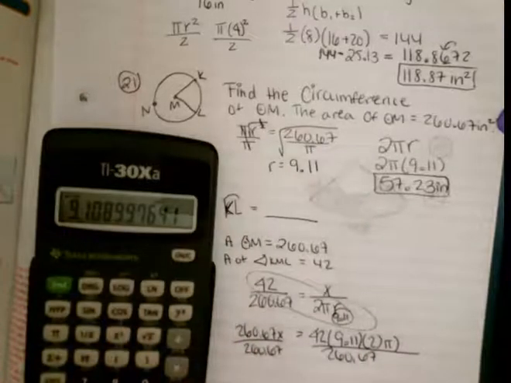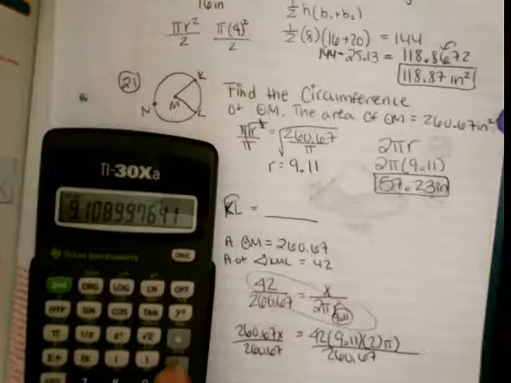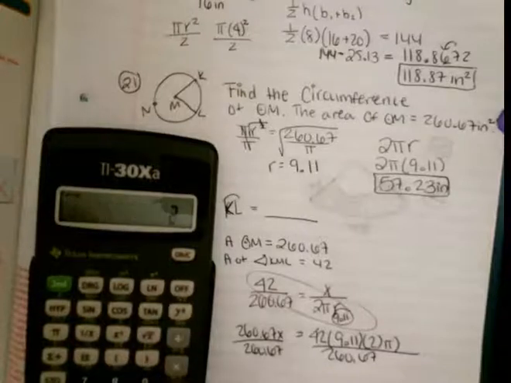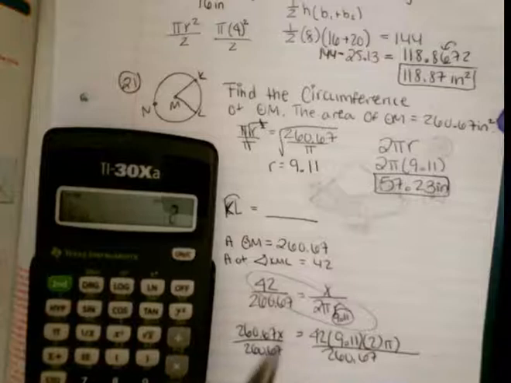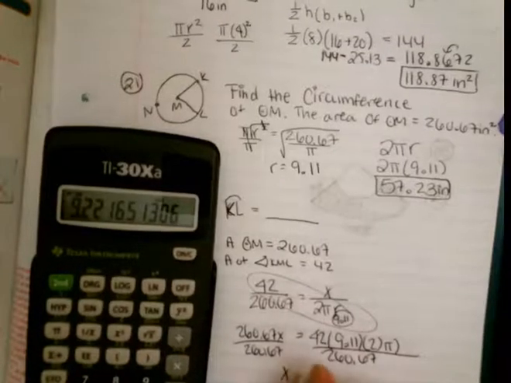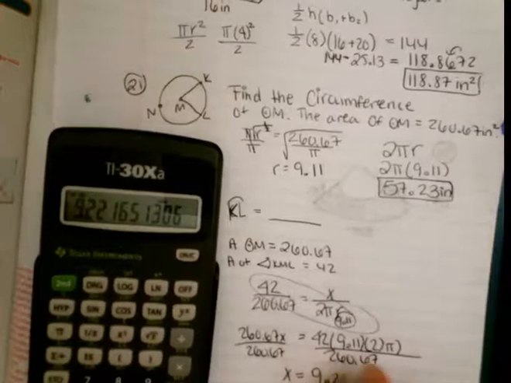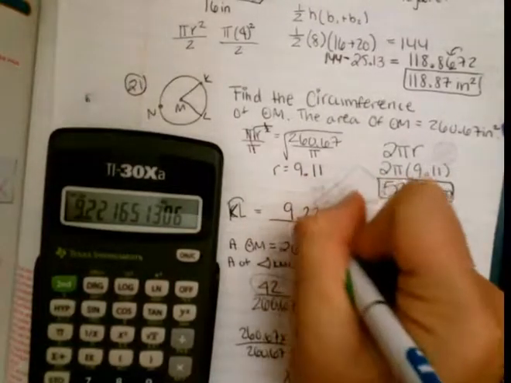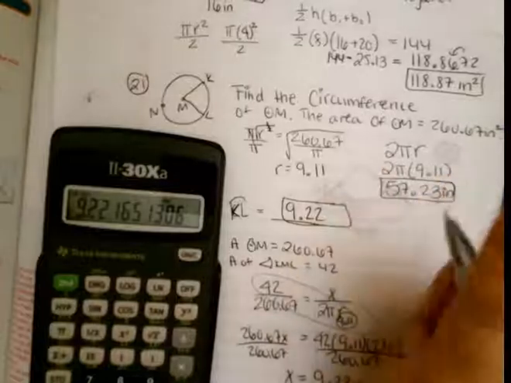So that times 42 times 2 times pi, divided by 260.67, and I got that the arc length is 9.22 inches.